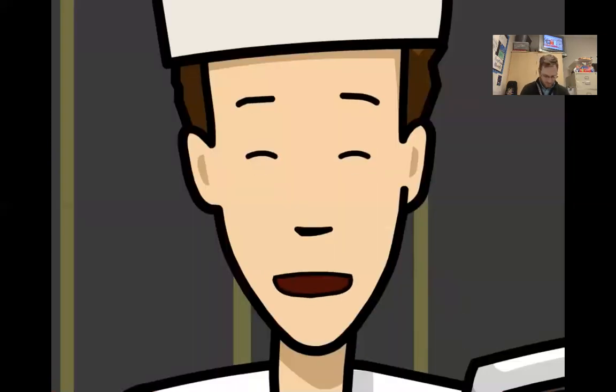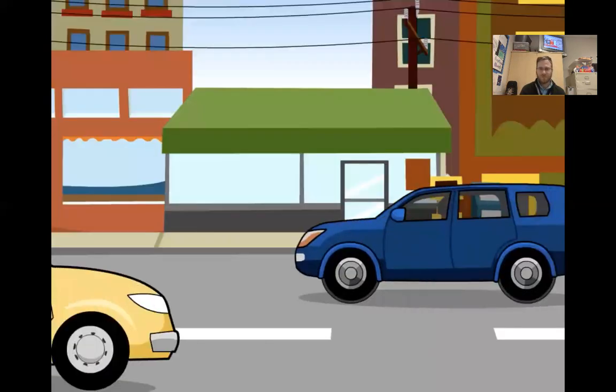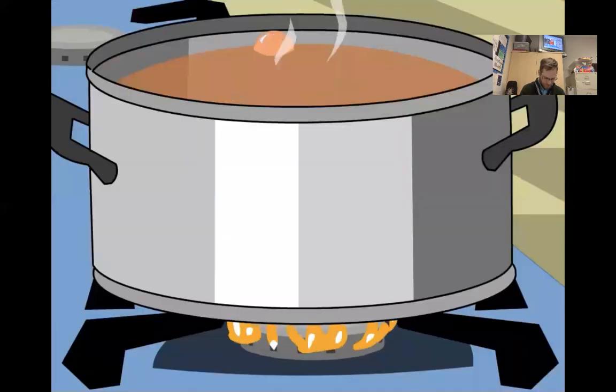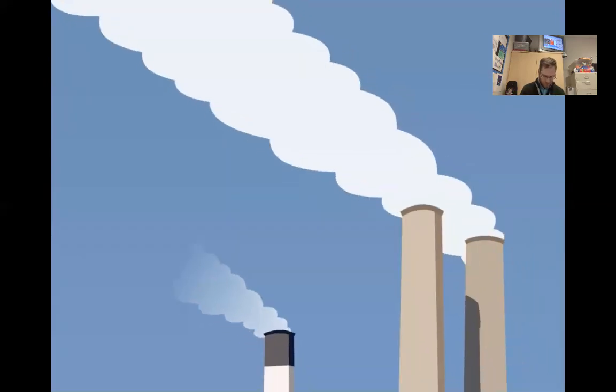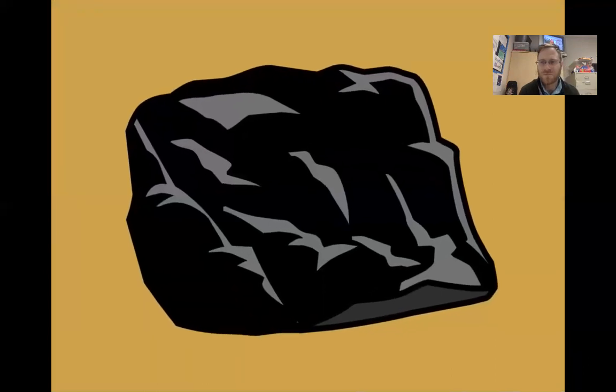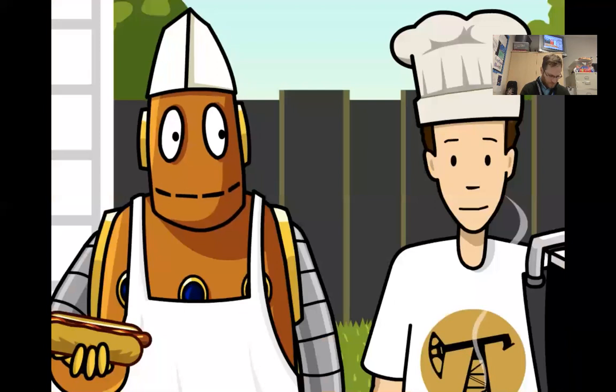The oil and natural gas that come from petroleum are really valuable resources. The gasoline that powers cars is made from refined oil. And if you have a gas stove, then you've seen natural gas in action. Both oil and gas can be burned in power plants to generate electricity. Another type of fossil fuel is coal. Coal was also once living matter.